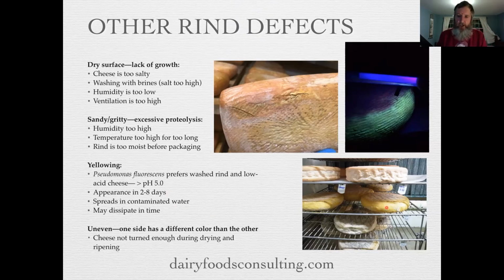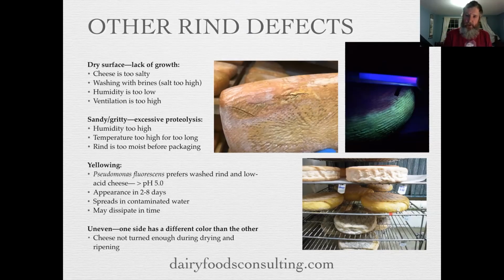Uneven. Right here, really interesting what happened to this rack of cheeses. These above and below are nice washed rind cheeses. I washed a cheese with dandelion wine that I make here in Vermont. It was lovely. This is more of a mixed rind cheese with a good appearance, but this is really strange looking.